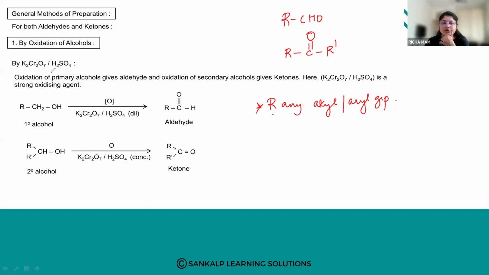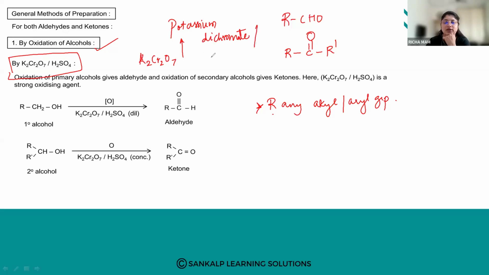First we'll see preparation by oxidation of alcohols. These are the reagents. The best oxidizing agent is potassium dichromate, K2Cr2O7, in the presence of H2SO4, that is sulfuric acid.